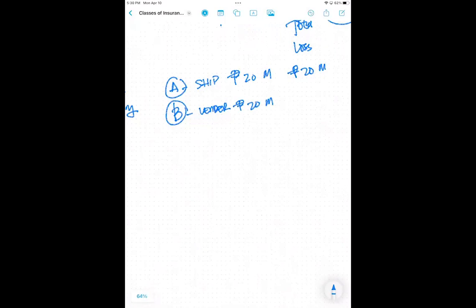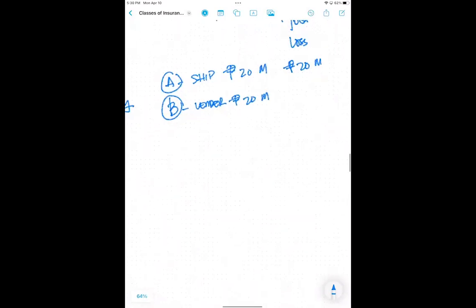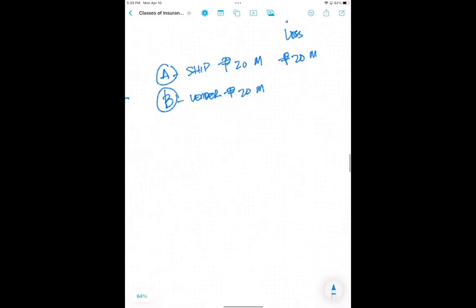Now, what is peculiar with loan on Bottomry is that the loan is conditioned on the vessel's safe arrival, such that if the ship will not arrive safely at the port of destination, then the loan will become extinguished. Okay? A will no longer have to pay the loan to B.